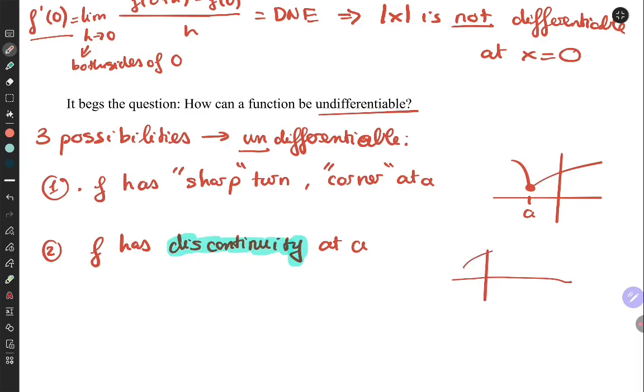I'm going to give you some example. Okay, jump down here, maybe. There. A, B, yeah, clearly. At A and at B, discontinuous. Because discontinuous, therefore undifferentiable.